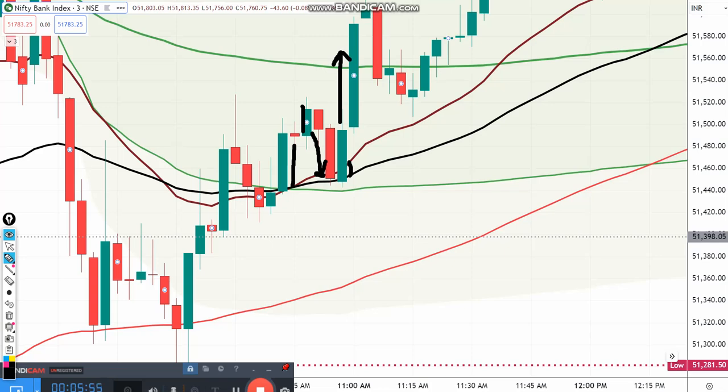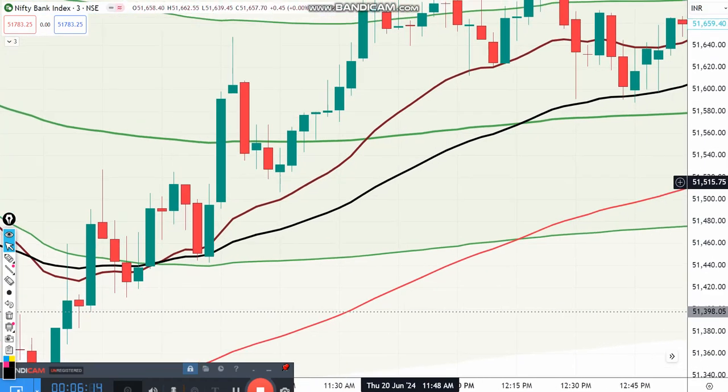So even this one is a valid trading location. This candle connected the 21 and 50 inside the VWAP and went up to the VWAP. So this is another trading location here.